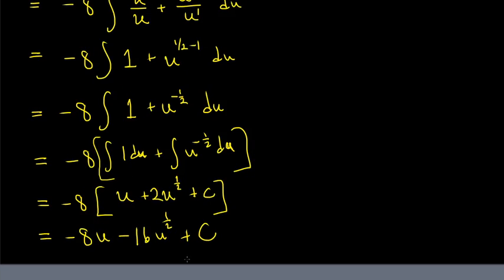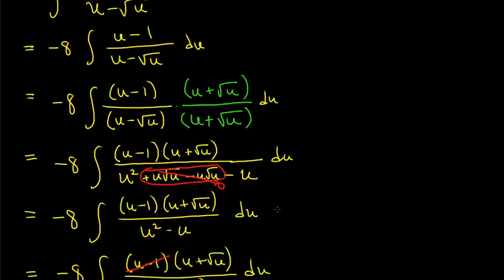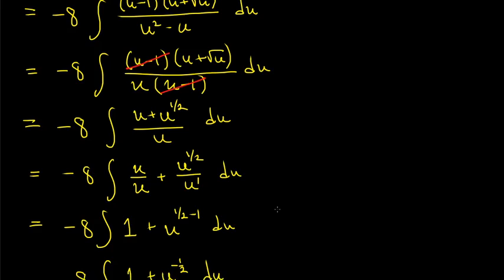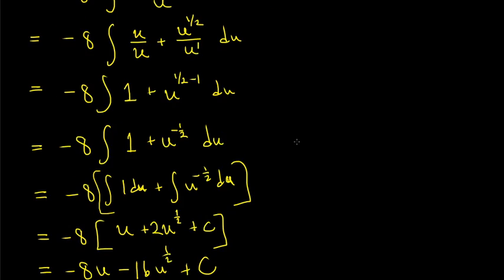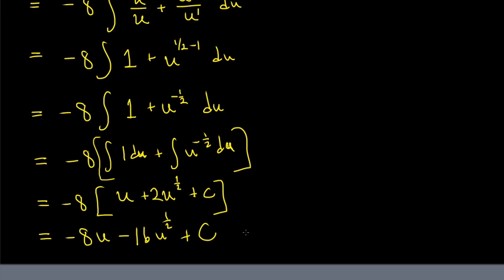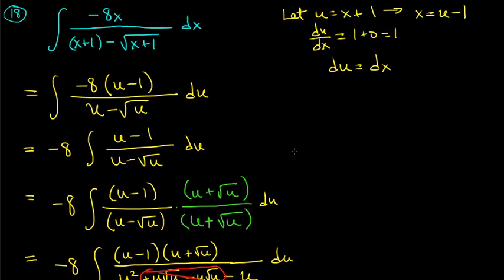I'm running out of space here, so I guess that's our answer to the original problem. Negative 8u minus 16 times u to the 1/2, or just the square root of u. We can leave it like that. So that's the answer: negative 8 times u minus 16 times the square root of u plus c.